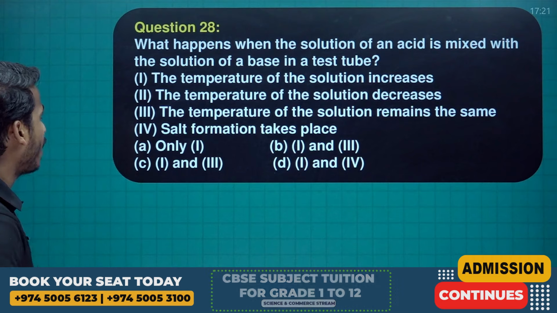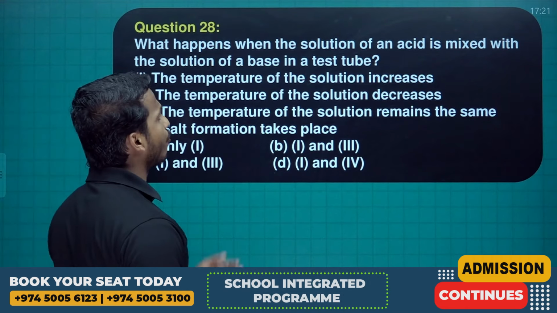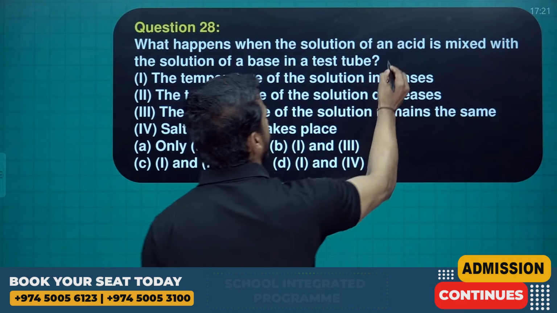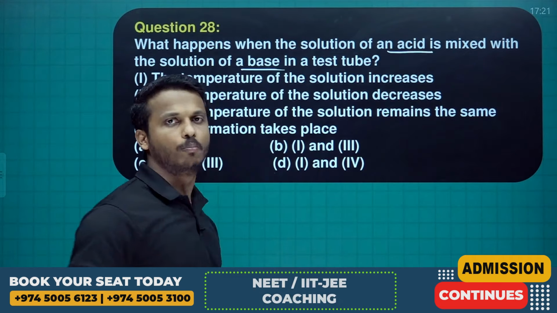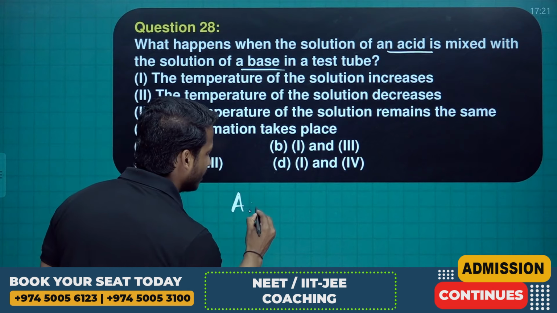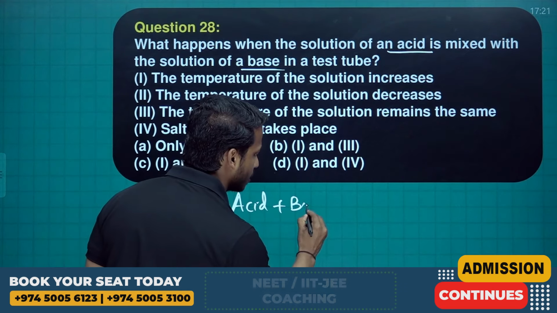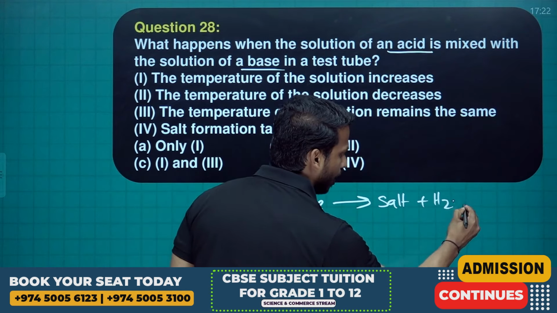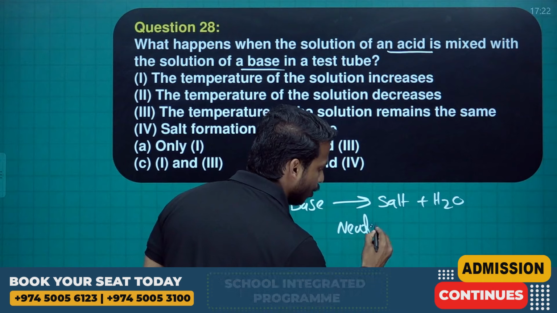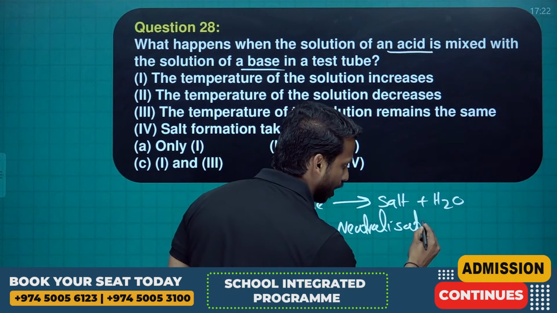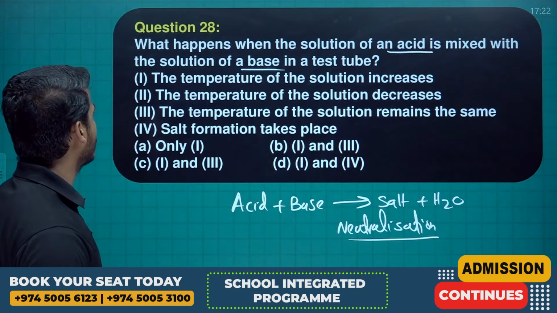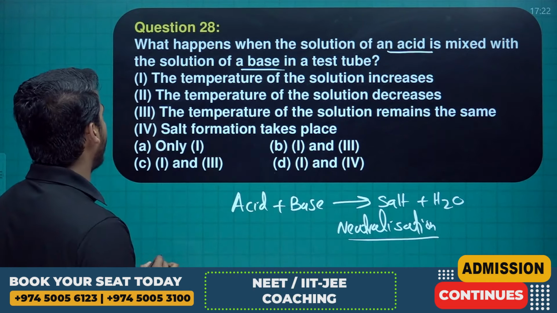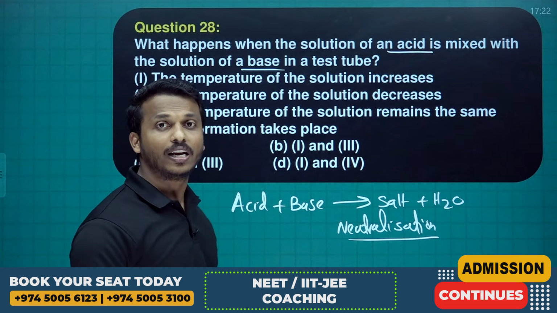Okay. Next one. What happens when the solution of an acid is mixed with a solution of a base in a test tube? We studied that when acids combine with a base, we get salt plus water, and this reaction we call a neutralization reaction. Acid plus base, when you combine, the temperature of the solution increases.